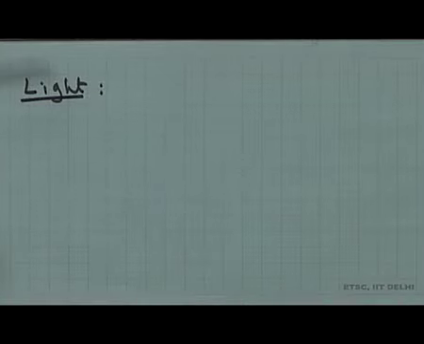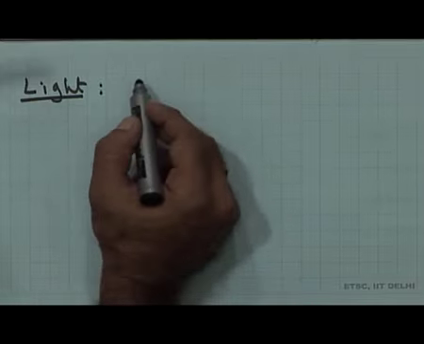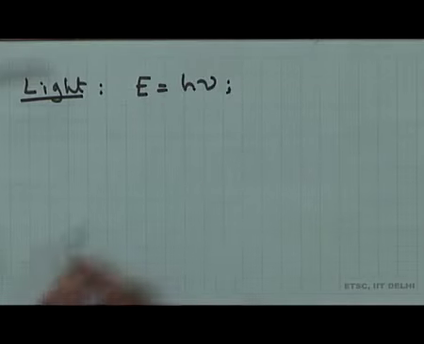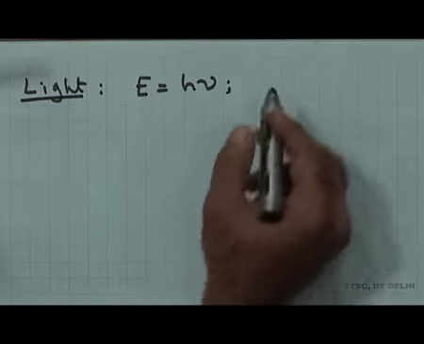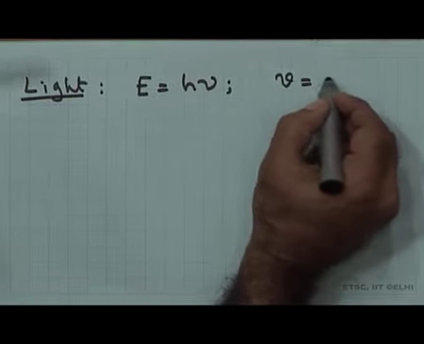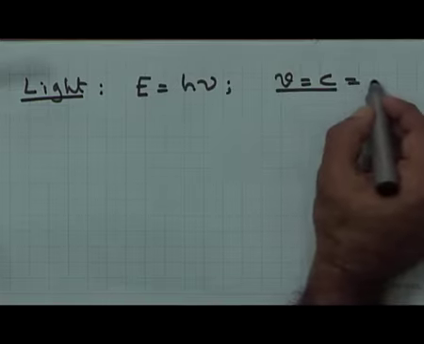electromagnetic radiation. So, in the case of electromagnetic radiation, we have two important expressions, E equal to h nu, and the second expression is obviously given by c equal to nu lambda. All wavelengths propagate with the same speed denoted by c, which is 3 into 10 to the power of 8 meters per second.